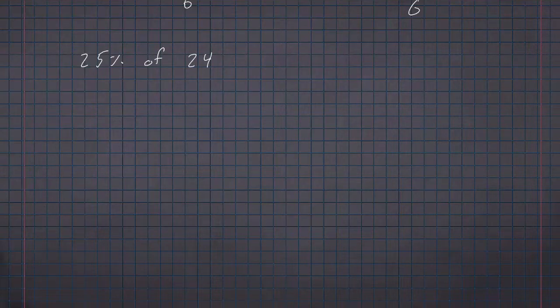Right? 25% of 24. That's literally 25% times 24. And one key of working with percents is that even though a percent looks like a number, it is not a number.